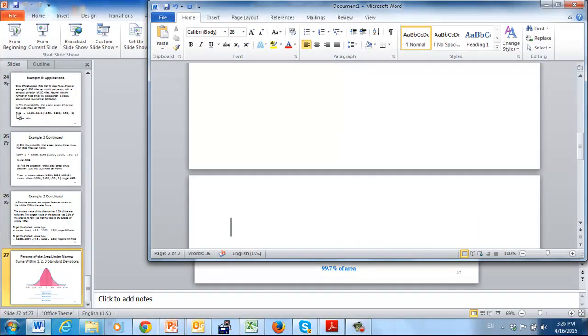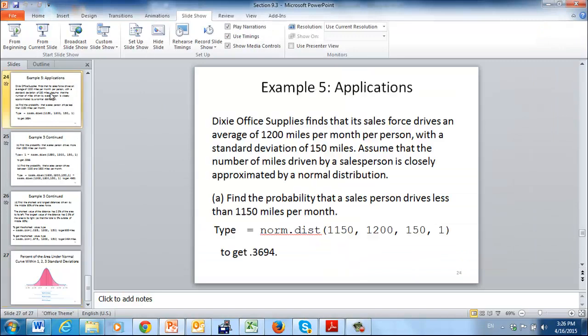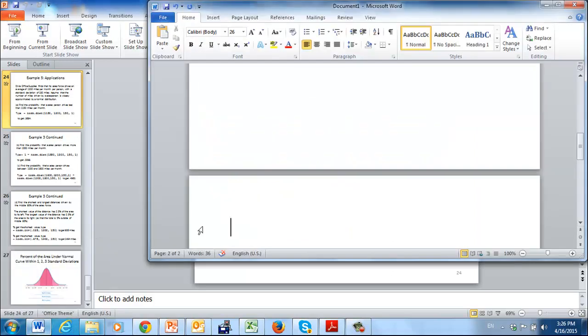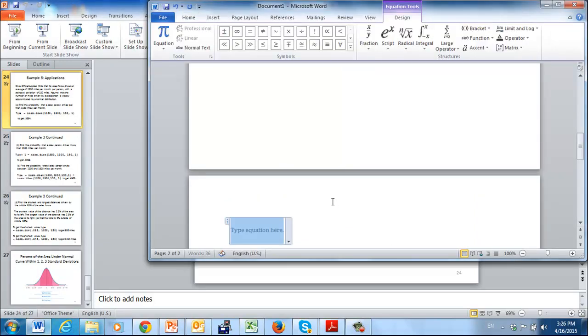So suppose again, you have a normal distribution, right? And so you have driving time 1200 miles on average, and standard deviation is 150. So this means that the mu is 1200 and standard deviation is 150.